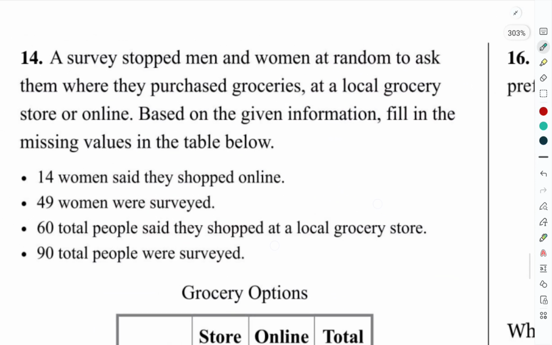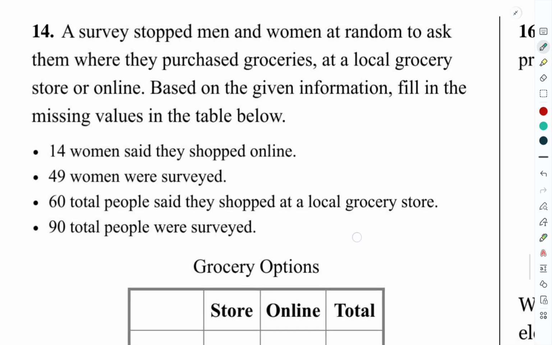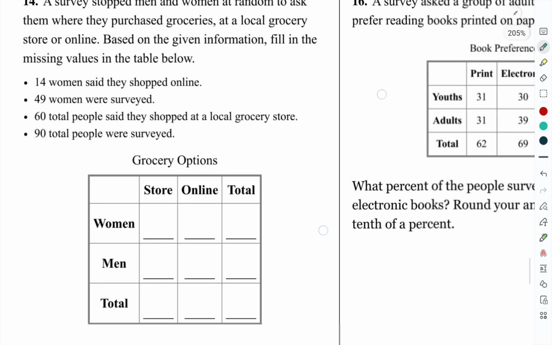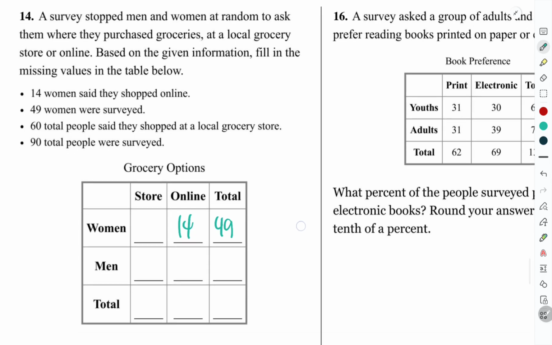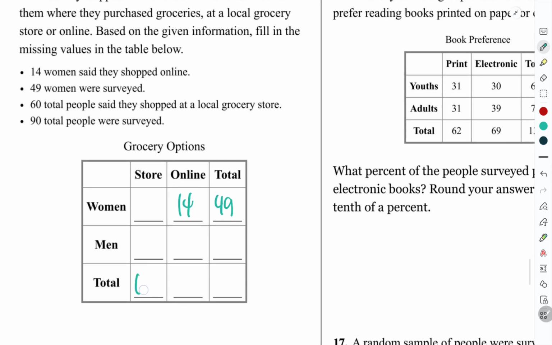Two-way tables. Okay. 14 women shop online. 49 women were surveyed in total. 60 total people said they shopped at a grocery store. 90 people were surveyed overall.